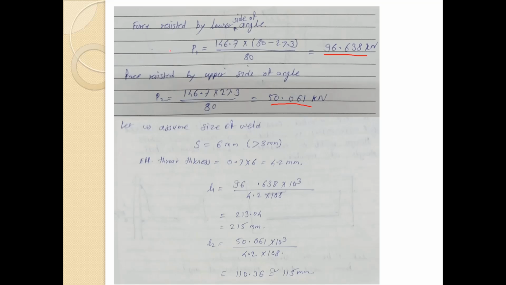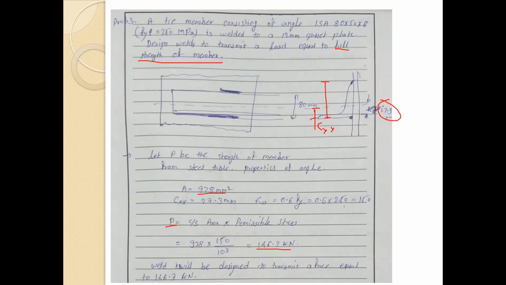So here we have calculated the force resisted by both the sides, that is below part of the CG and above part of the CG. This is the CG which comes over here.